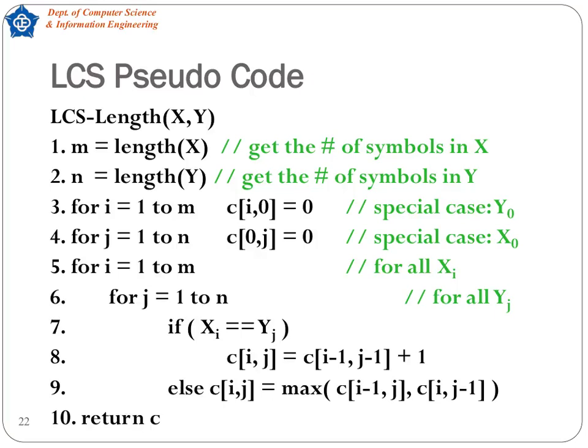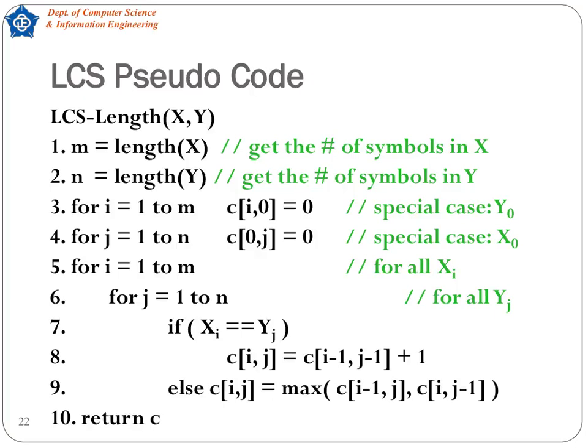Building on that example, here's the pseudocode for computing the longest common subsequence of two sequences x and y. First, we set m and n to the lengths of x and y. Then we initialize the first row and column of our table C to 0. This handles any case where one sequence is empty. Next, for each i from 1 to m and each j from 1 to n, we compare x[i] to y[j].